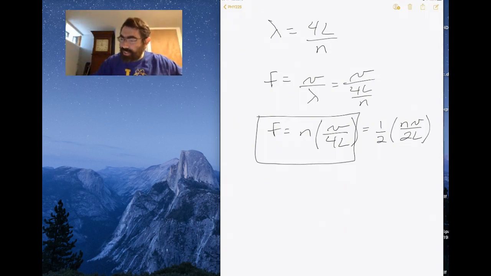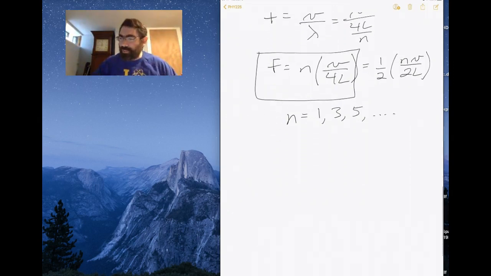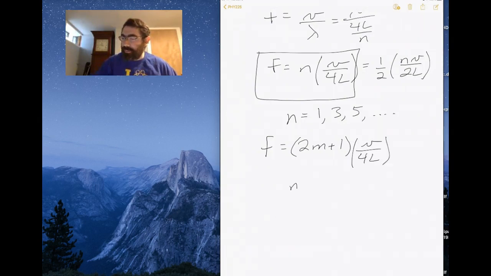I should mention, the ends now are different here in the fact that they're only odd. So what we could do is rewrite this, the book doesn't, but we could rewrite this as (2m plus 1) v over 4L, where now m goes from 0, 1, 2, and so forth.